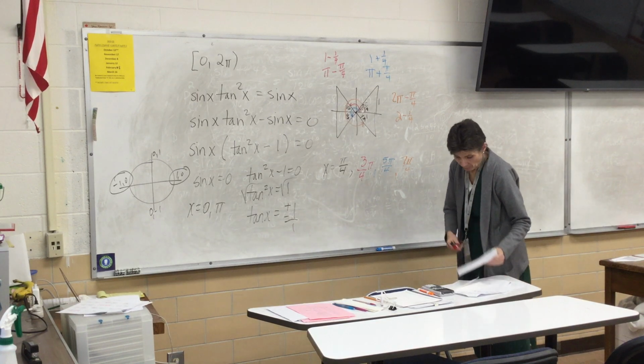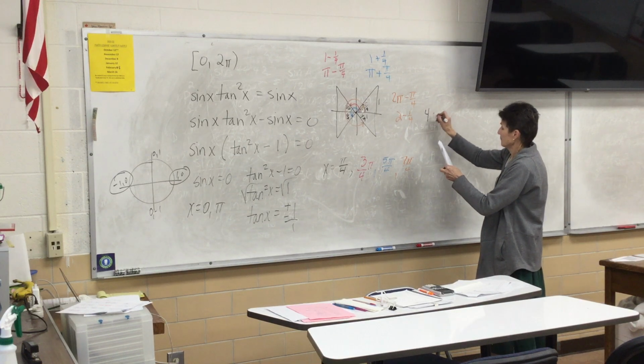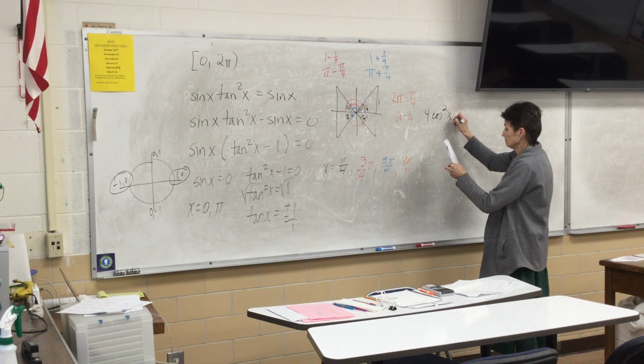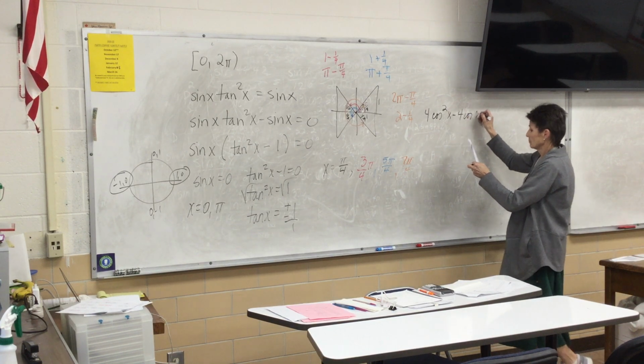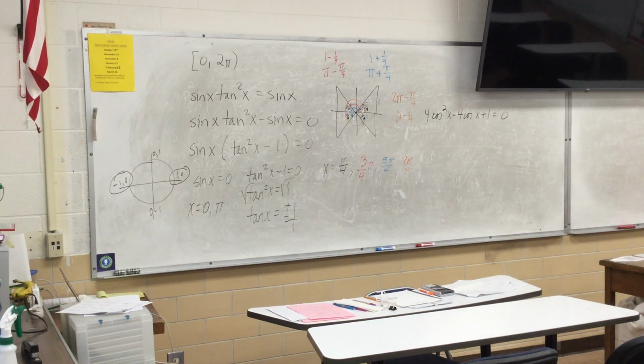All right, there's one more in this section. Let's take a look at that one and see. Now, this one's a little different because I think most of the other ones that we've done, we have been able to factor something out.